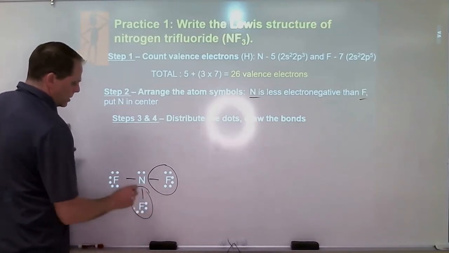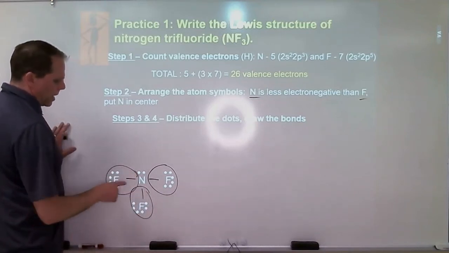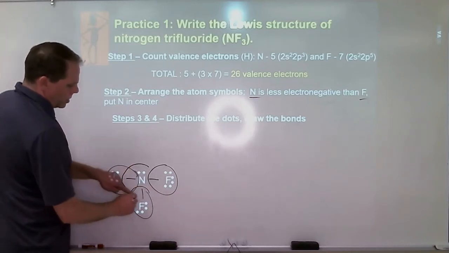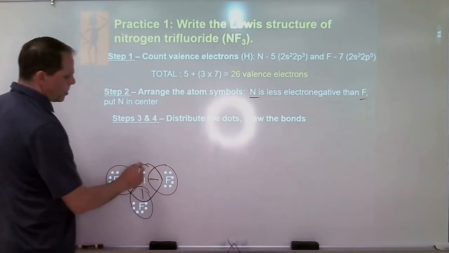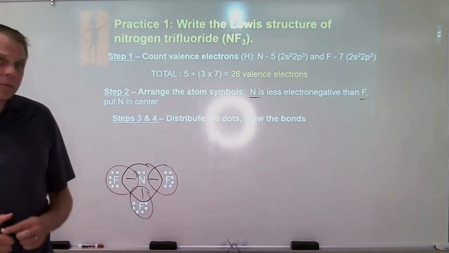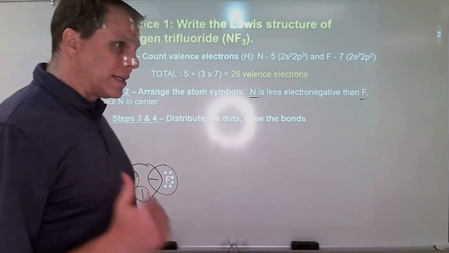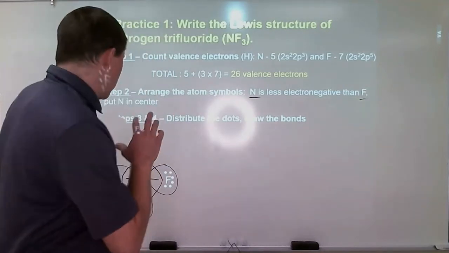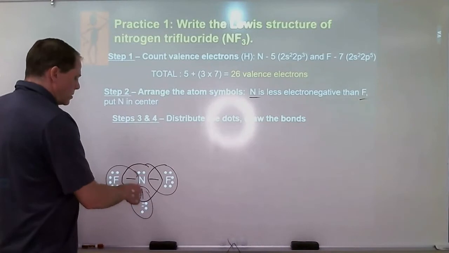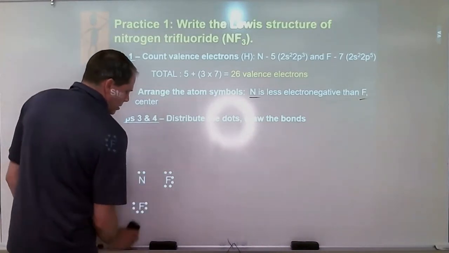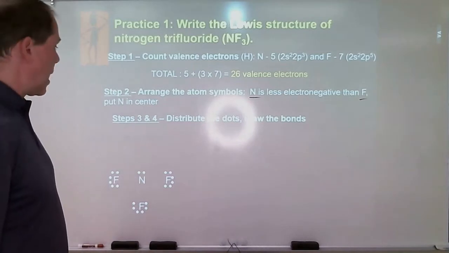This fluorine has 8, this fluorine has 8, and look, nitrogen has 8 too. 2, 4, 6, 8. Remember, those electrons count for the fluorine and for the nitrogen. And so it does count to have the electrons being 8 around nitrogen as well as the 8 around the fluorines, okay? And so that's how you double check to make sure everybody's got an octet.